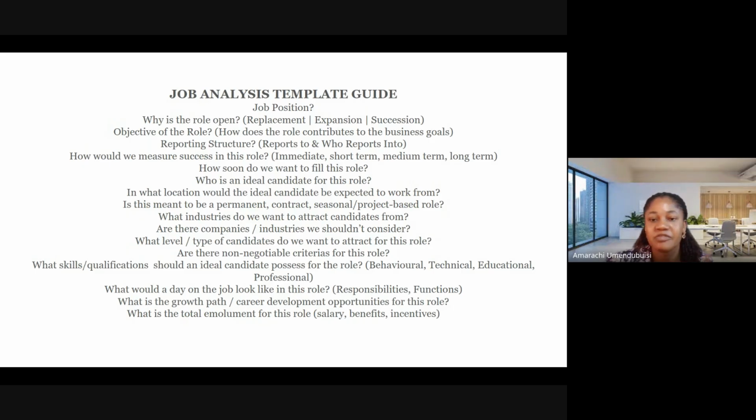So we should have those kinds of flexibilities to accommodate the needs of the employees, as long as the person can deliver value at the end of the day.